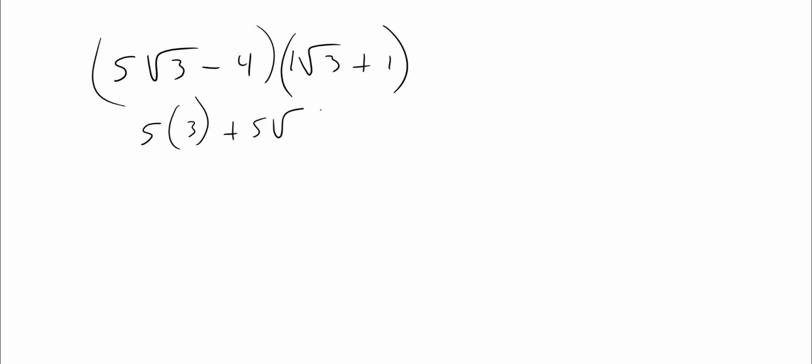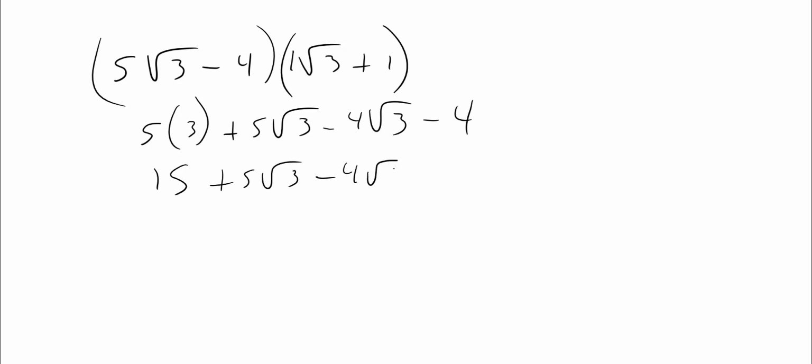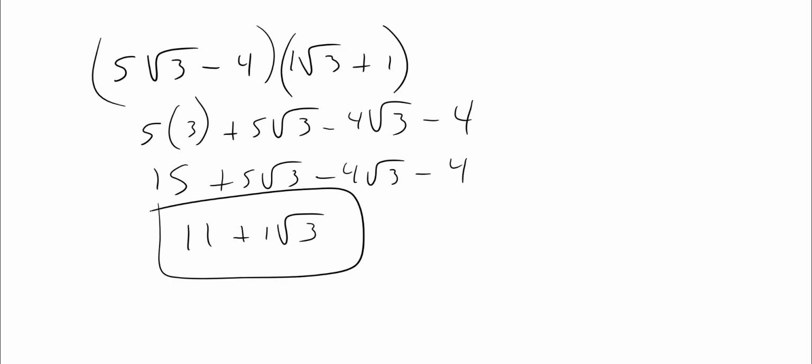Outer plus 5 root 3. Inner minus 4 root 3. And last is minus 4. So we get 15 plus 5 root 3 minus 4 root 3 minus 4. So 15 minus 4 is 11. 11 plus 1 root 3. And that's it. That's the answer to that problem.